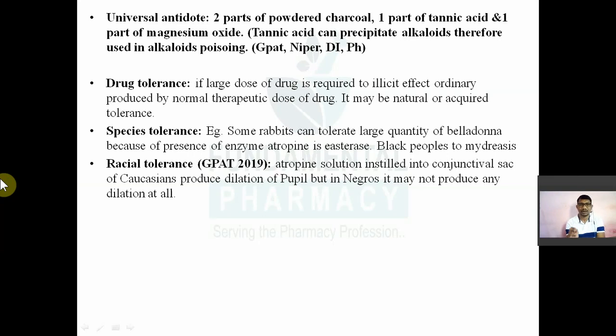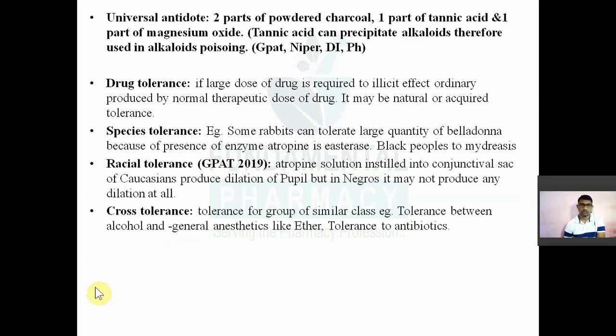That is known as racial tolerance, and this was a question in GPAT 2019. The question was like this: atropine instillation in the conjunctival sac of Caucasian people will produce dilation, but will not in Negroes. So it is racial tolerance. Next is cross tolerance.